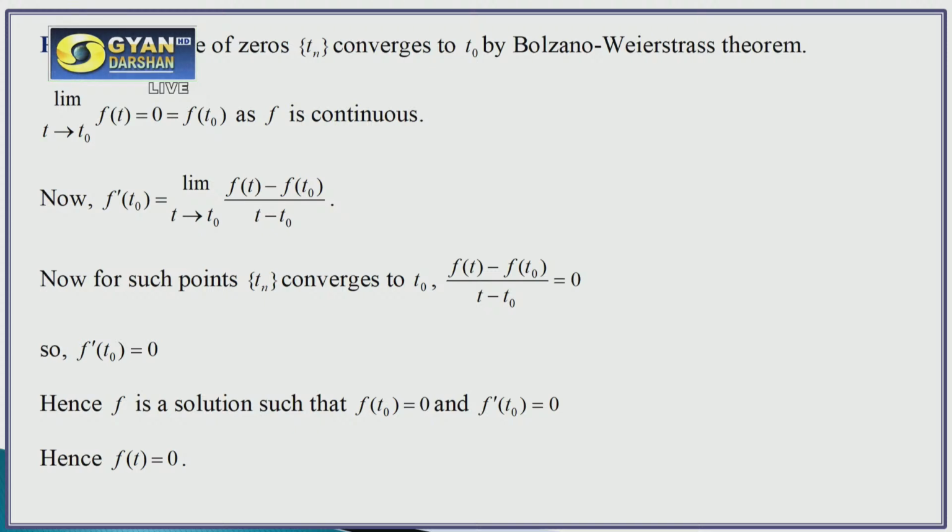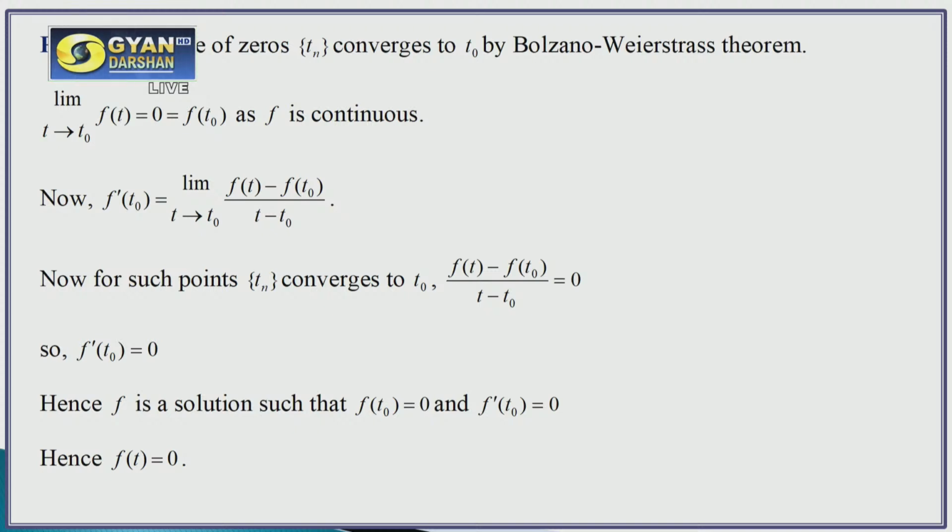If we choose the points such that all of them are points of the sequence converging to t0, then the ratio in this limit becomes 0. So therefore the derivative at t0 also becomes 0. So now we have a situation where f is a solution such that f is 0 at t0 and the derivative of f is also 0 at t0.